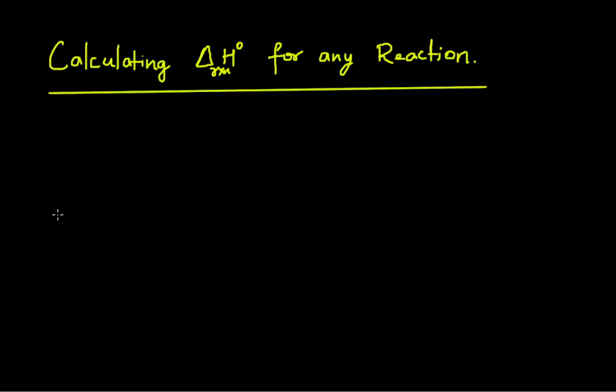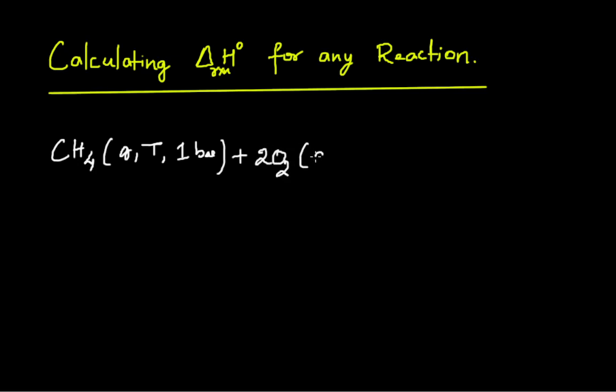Here we'll take up a very small example. Let us take the combustion of methane. So you have your CH4, methane, a gas at a given temperature and 1 bar pressure, plus 2 O2, oxygen gas at the given temperature and 1 bar pressure.